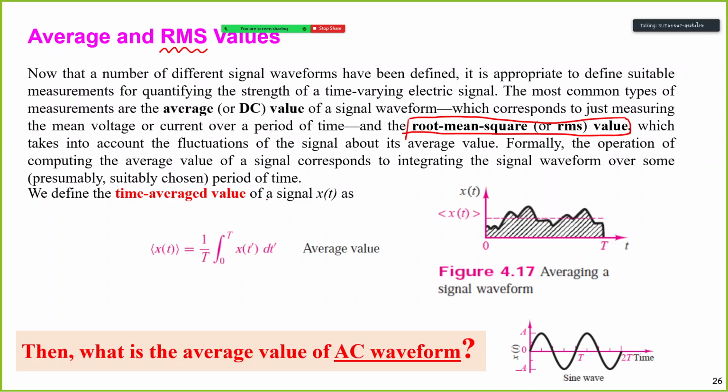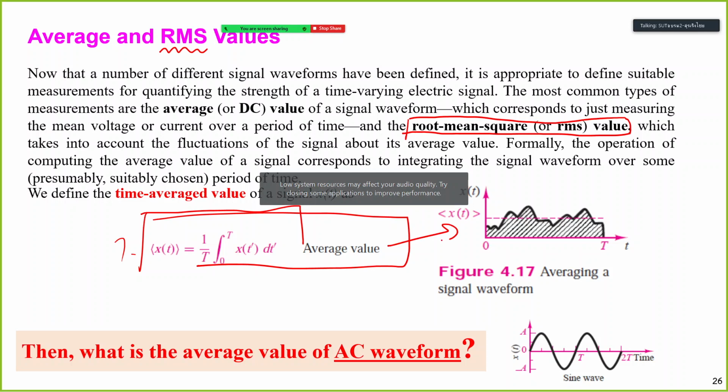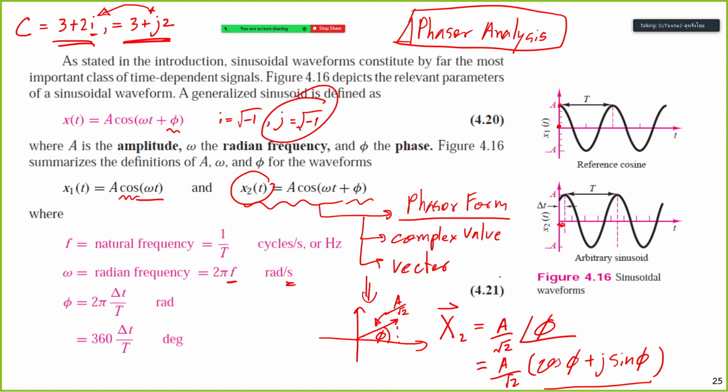And the root mean square value can be computed by this. This is not the same as the average value. The average of an AC signal is 0, right? We have positive and negative. If you cancel each other, the average of the AC signal is 0. So we don't use the average value in computation, but we use the RMS value here.